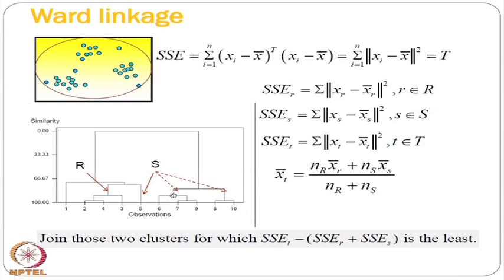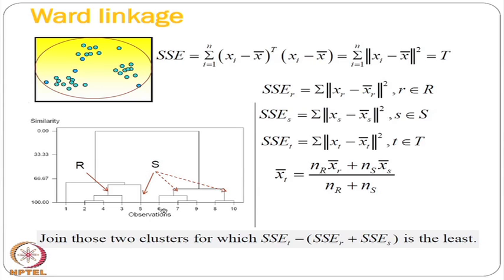So now, how does it work? The word linkage works like this. First you think that you have n clusters. So here that error quantity, that distance measure, is absolutely 0.